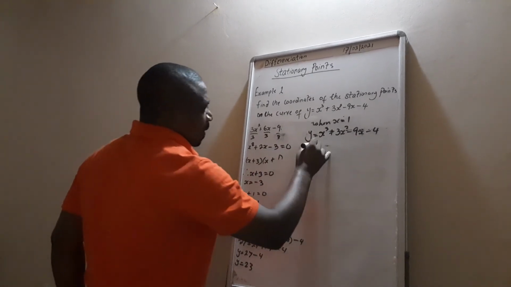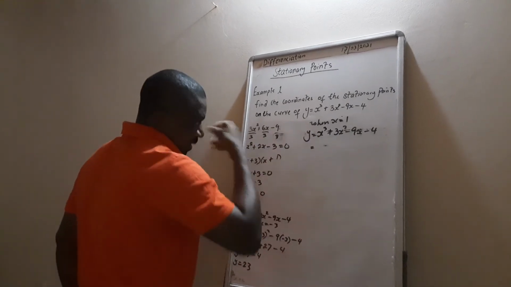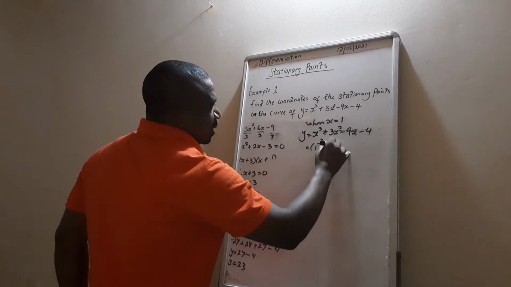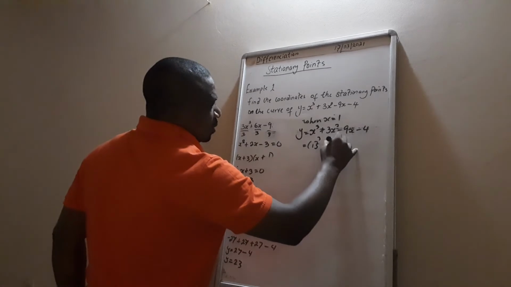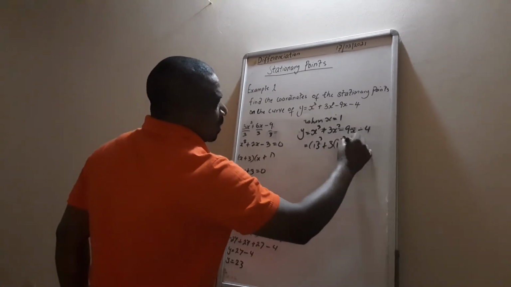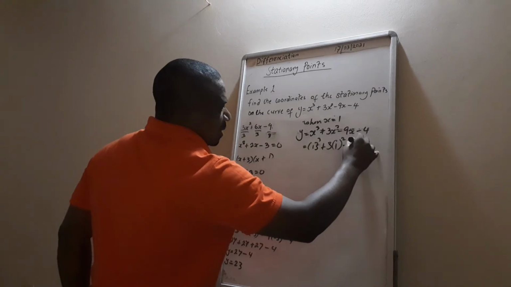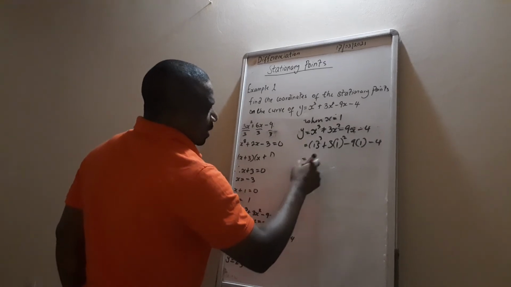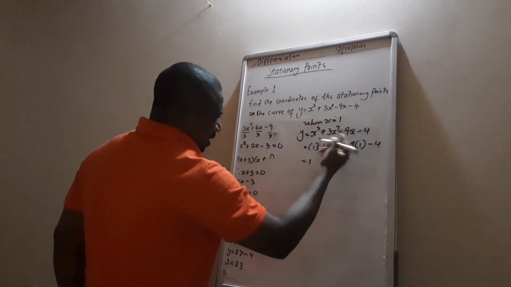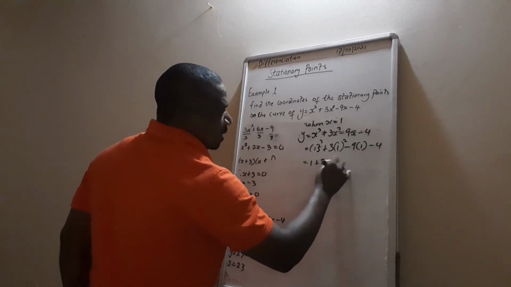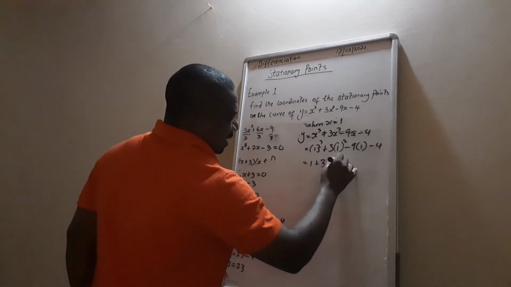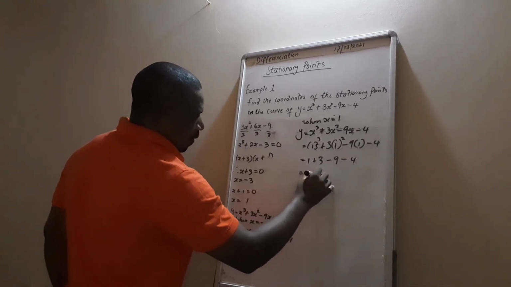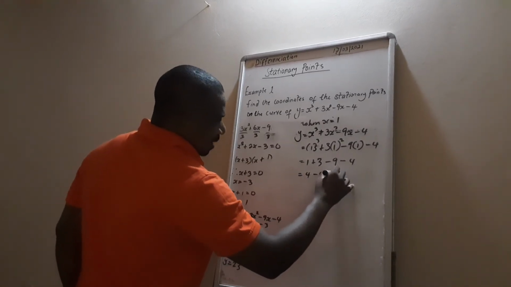We substitute 1 in place of x. That becomes 1 to the power 3 plus 3 times 1 to the power 2 minus 9 times 1 minus 4. 1 to the power 3 is 1, plus 3, minus 9, minus 4.